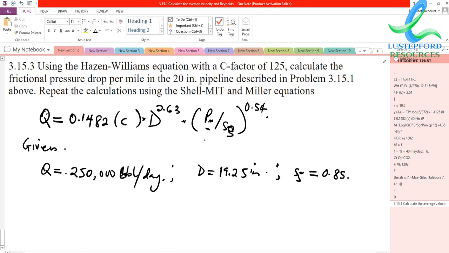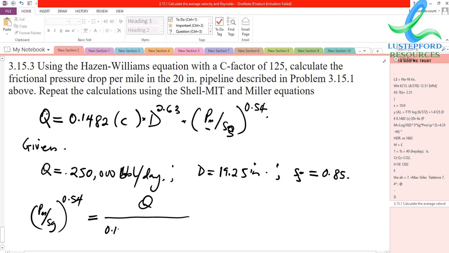Now let's make Pm the subject of the formula. So to do that, Pm over Sg, that is specific gravity, over specific gravity raised to power 5/4, is the same thing as Q divided by 0.1482 times C times D raised to power 2.63.